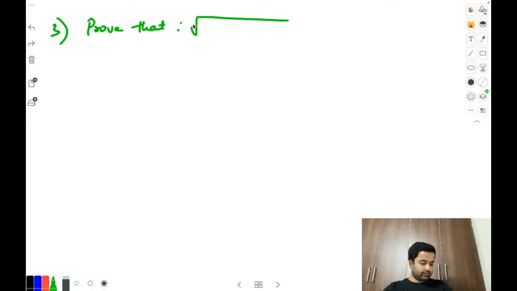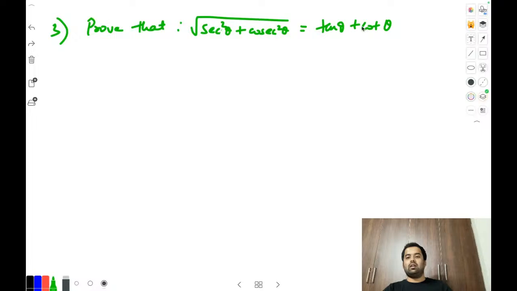Root under sec square theta plus cosec square theta equal to, you have to prove, tan plus cot. I feel you can solve this.